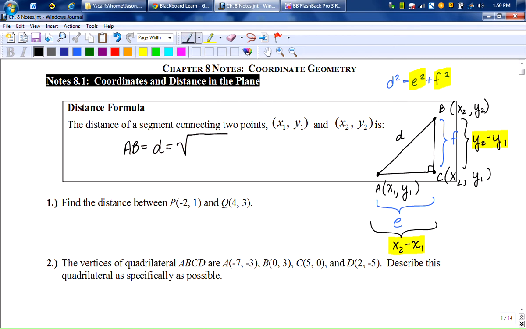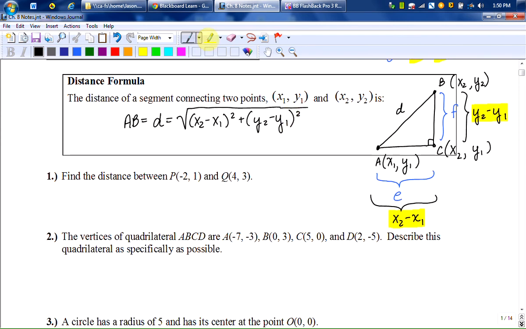And we're not going to do a plus or minus because distance can't be negative. So we'll do x2 minus x1 squared plus y2 minus y1 squared. And there's our distance formula, which probably looks familiar from Algebra 1.